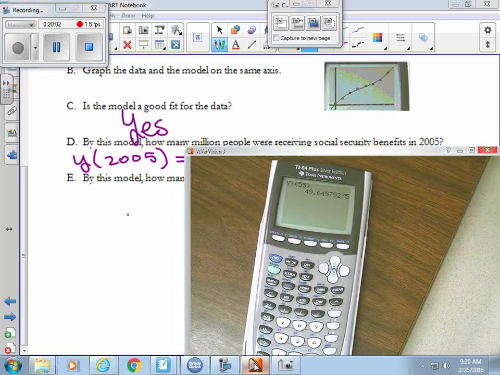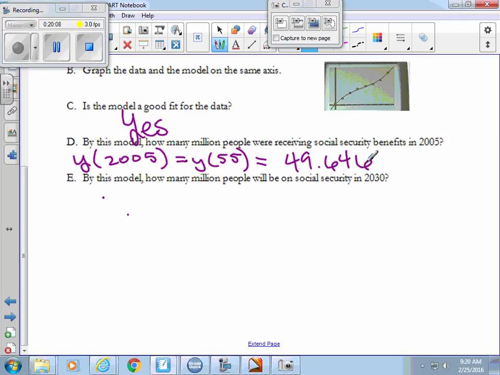You'll have to show me your calculator. And then what will I do for 2030? I would guess, because it's so close, either one of your decimal points is off or one of my decimal points is off.